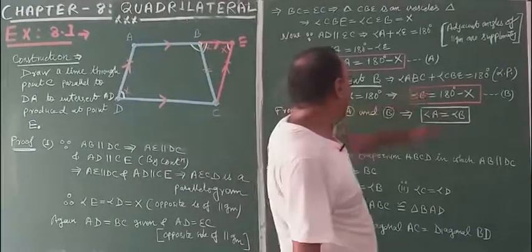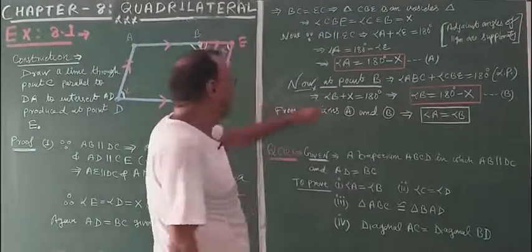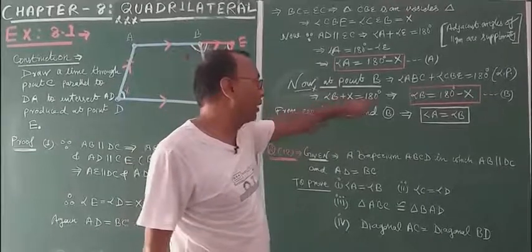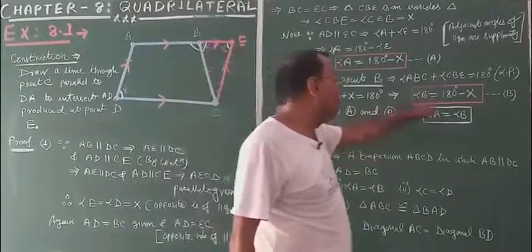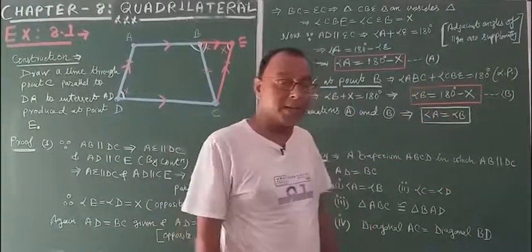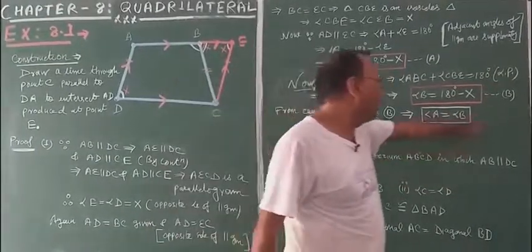Angle ABC is simply angle B of trapezium ABCD, plus angle X is equal to 180. Therefore angle B is equal to 180 degrees minus X. This is equation B.